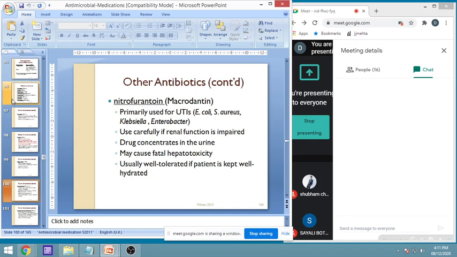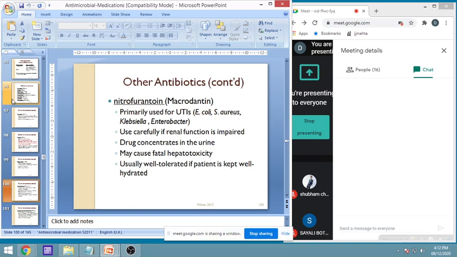There is no metabolism, the drug is active, and this active form is excreted through the kidneys. That means it is available in active form in the kidneys, and all these drugs can be good candidates for urinary tract infection if they are not causing any side effect or irritation or inflammation or injury to nephrons.